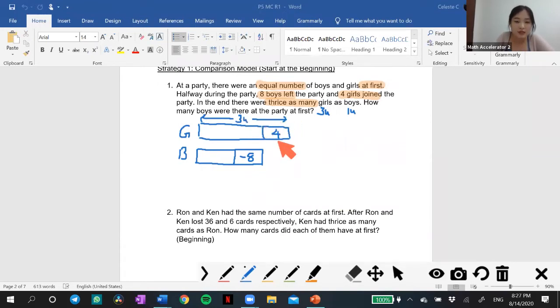As for the boys, 1 unit, because you took away the 8 boys already, they left. So by repeated identity here, this 1 unit you can bring it up, and you can bring up this 8 also.